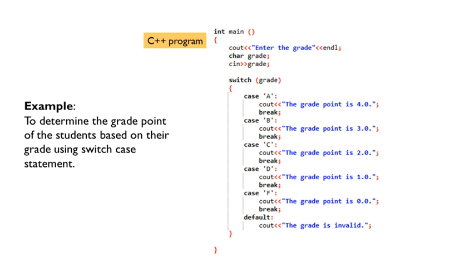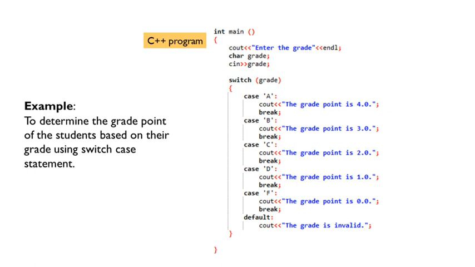As you can see, for the first example, the problem here is to determine the grade point of the student based on their grade using the switch structure. For the input part, we will do as usual. The user needs to enter the grade, and here we can see the switch structure.